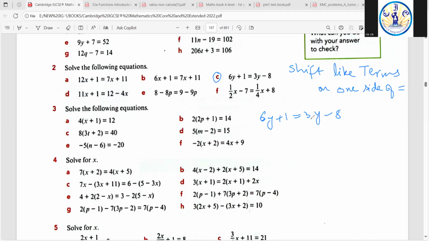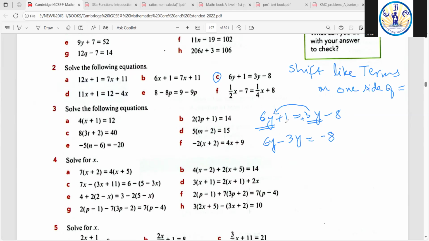Since y terms are the like terms, I'm going to shift this term to this side. So that will make me have 6y minus 3y, because it is a positive term already on the right hand side of the equality. It got shifted to the left side and got a change of sign. And on the right side we are already having negative 8.